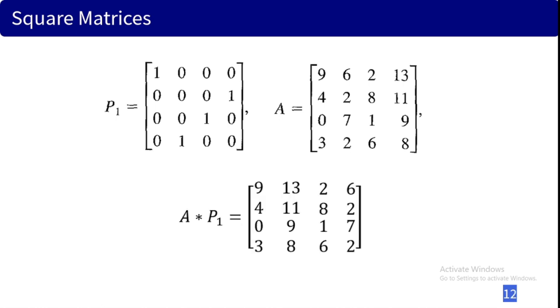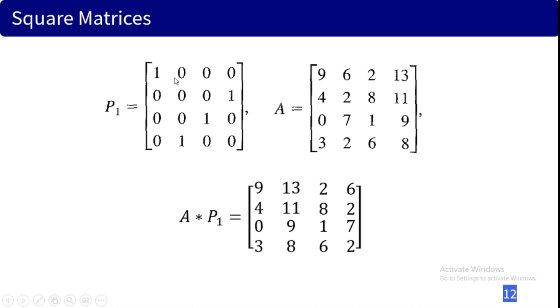Now let us multiply again the two matrices P sub 1 and A, but in reverse order. In reverse order, we do the multiplication as A times P sub 1. What happened? The result is a matrix A but with columns interchanged. Let's take a look at this matrix A, which shows the arrangement of its elements. When we multiplied A times P sub 1, the second and fourth columns were interchanged.